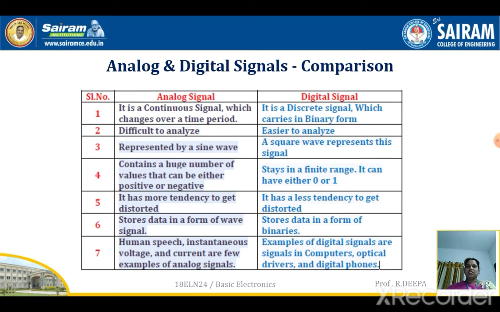An analog signal stores the data in the form of a waveform, whereas a digital signal stores it in the form of binaries. The best examples of analog signals are human speech, instantaneous voltage and current, whereas discrete digital signals are the signals in a computer, optical drives and digital phones.